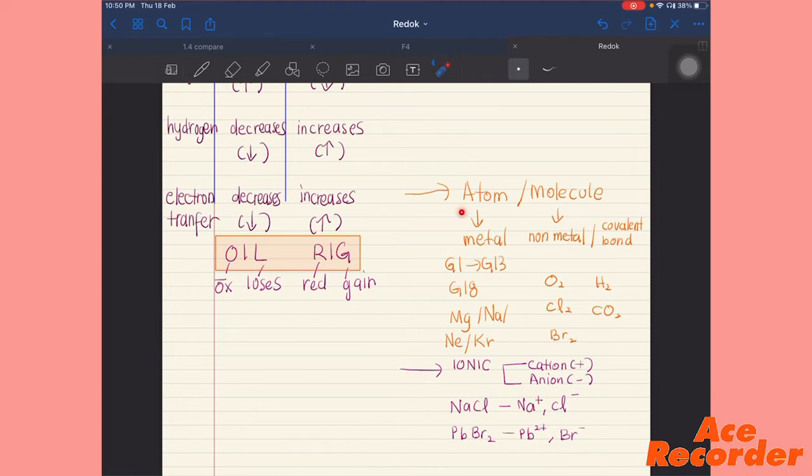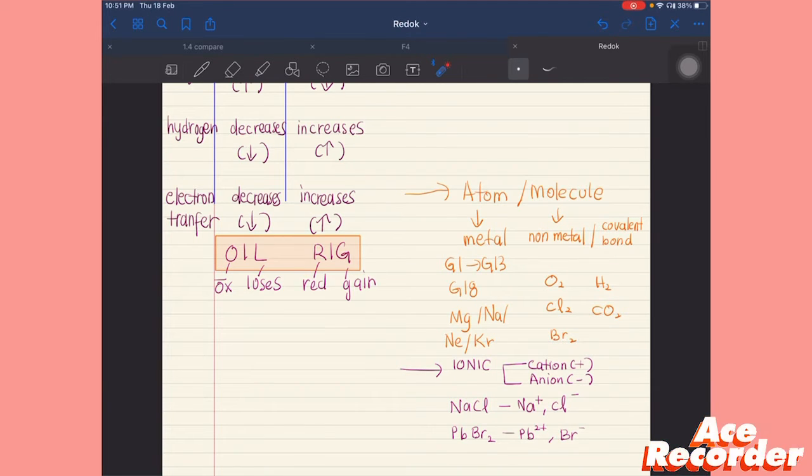The first one, atom or molecule, write as it is. Example, metal or any group 18. Molecule, non-metal or covalent bond, write the symbol as it is. But only for ionic compound, you need to break it into the cation and anion.